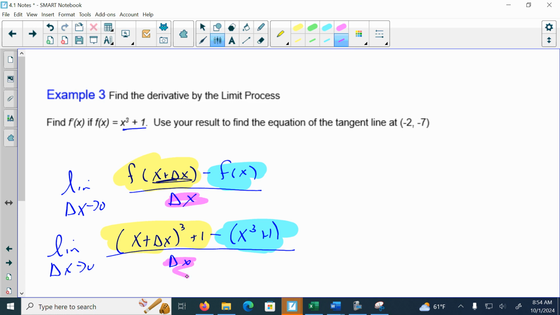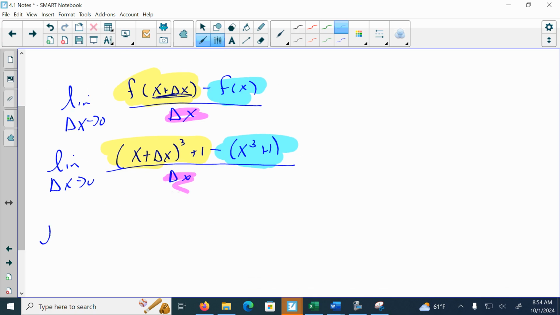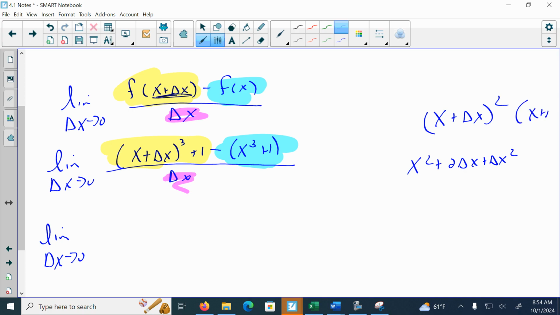Okay? So now I have to raise this to the third power. I wonder if any of you remember the binomial theorem. If you don't remember the binomial theorem, you're going to have to take x plus delta x and square it. When you do that, you get x squared plus 2x delta x plus delta x squared. And then multiply by x plus delta x, that would be to the third.